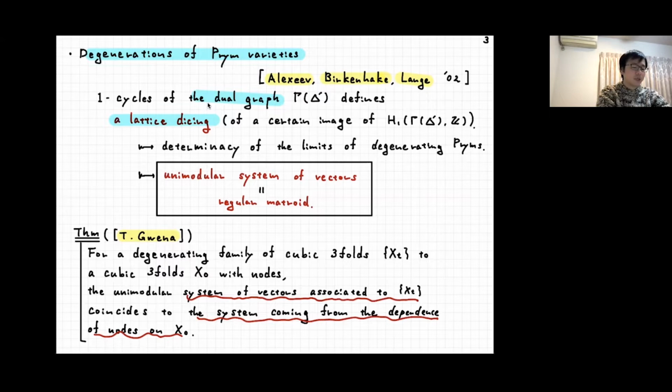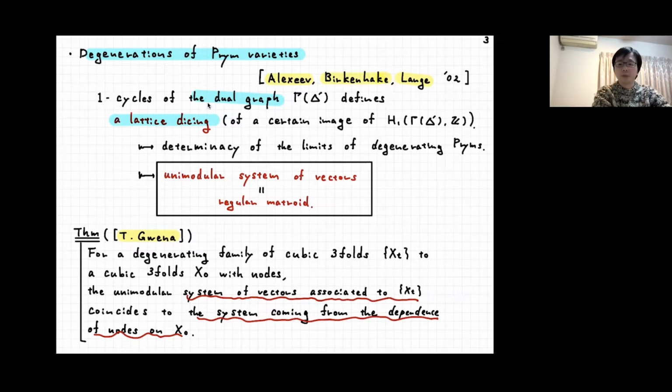Such an observation finally gives a new proof of the irrationality of cubic threefolds. At the end of today's talk, I want to introduce this proof as a corollary. So this is the plan of today's talk.